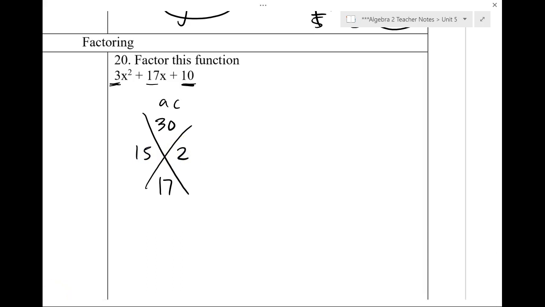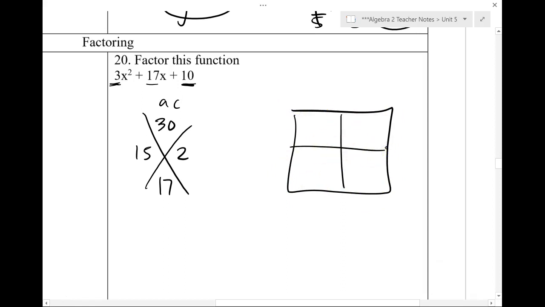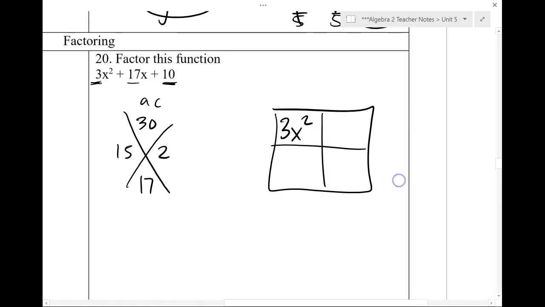Okay, so now after you find those two factors, you are going to do the box. And that's why we call this the x box method. The first term in the top left box is going to be the 3x squared. The bottom right is going to be the last term, and I'm getting that from the original equation.